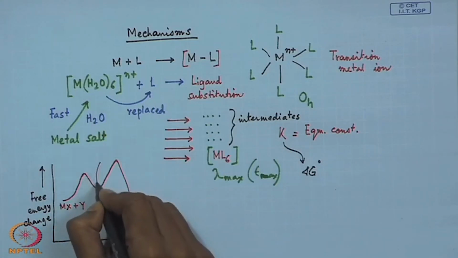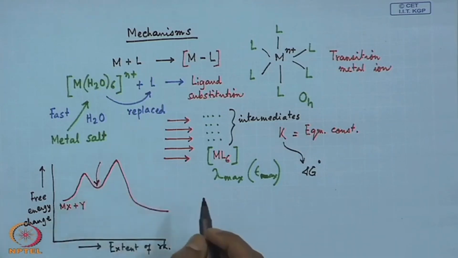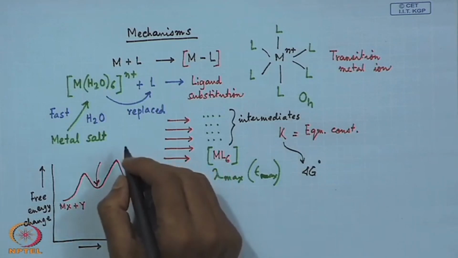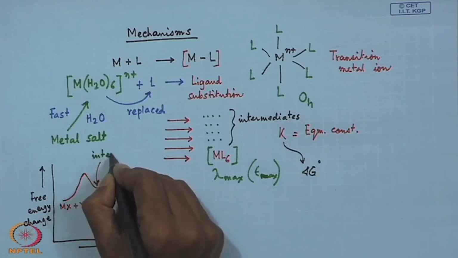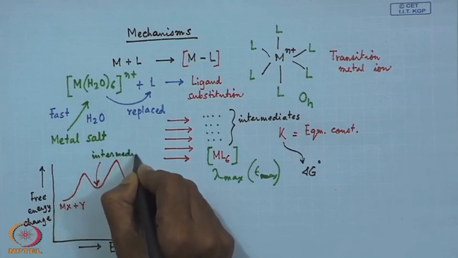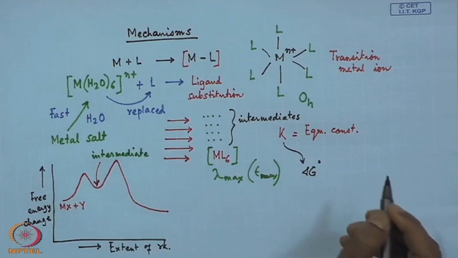Then at this particular point we have a stabilized part, and if this stabilized part can be detected, we have the corresponding stability of that intermediate.